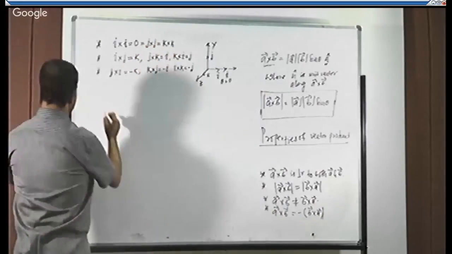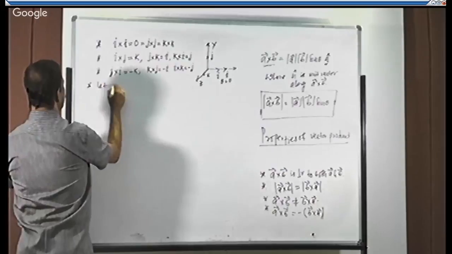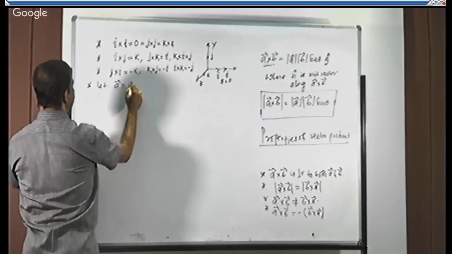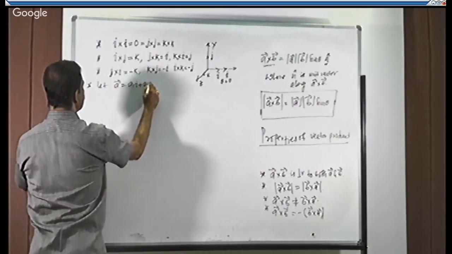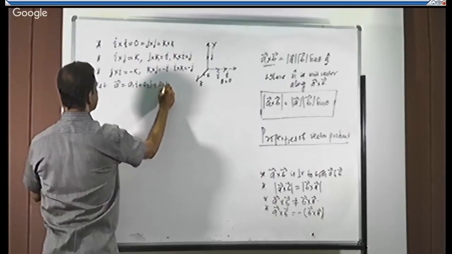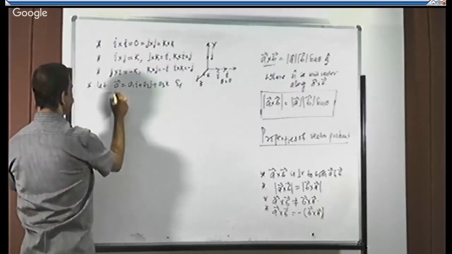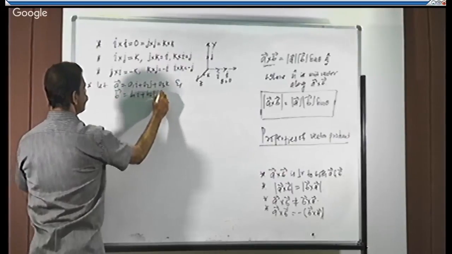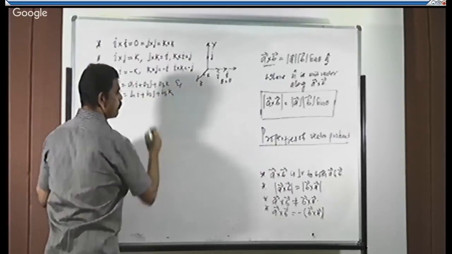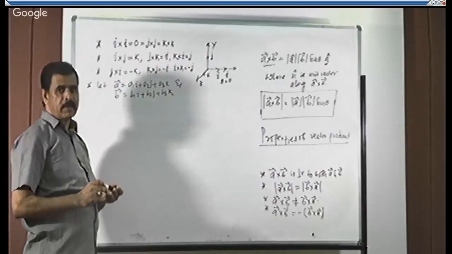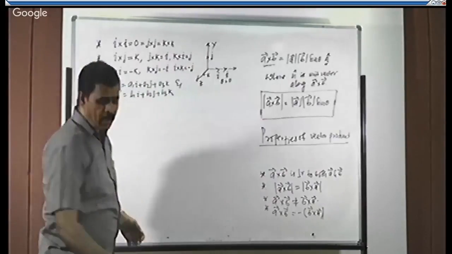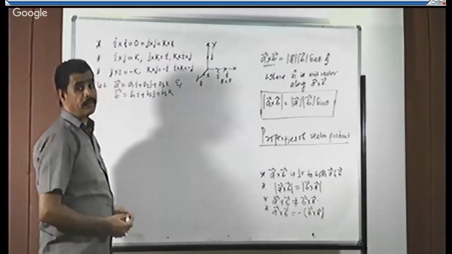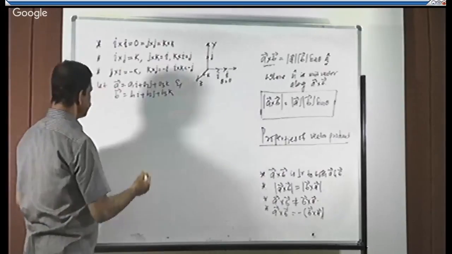Let us take two vectors A equal to A1I plus A2J plus A3K, and B equal to B1I plus B2J plus B3K, which are two different vectors. Their cross product. How to find out the cross product? That is an important issue.